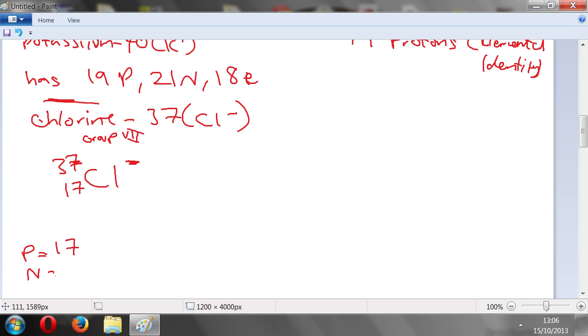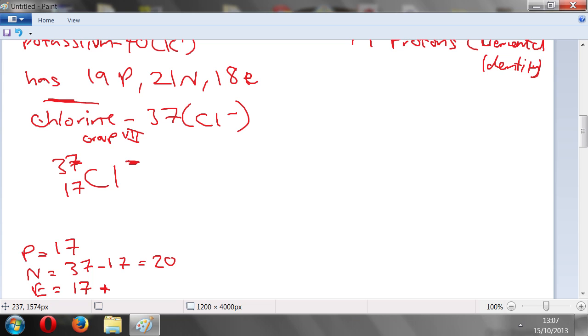So neutrons is 37 minus 17, which is 20. Then to get the electrons, I could have done this a lot more simply last time. In this sense it makes more sense to say it's the number of electrons in a neutral chlorine atom, so that's 17.